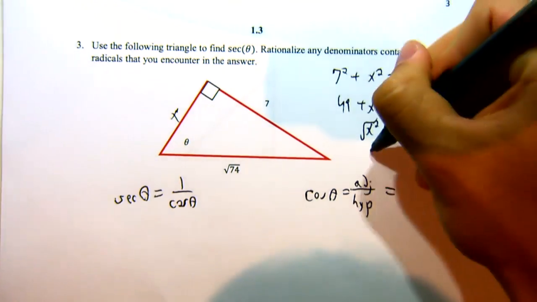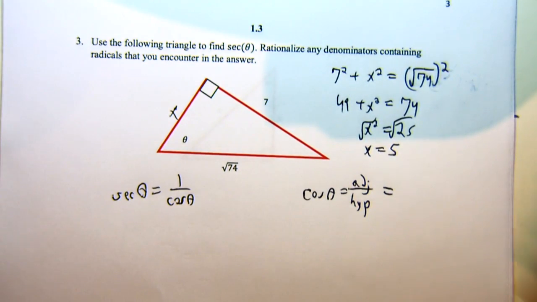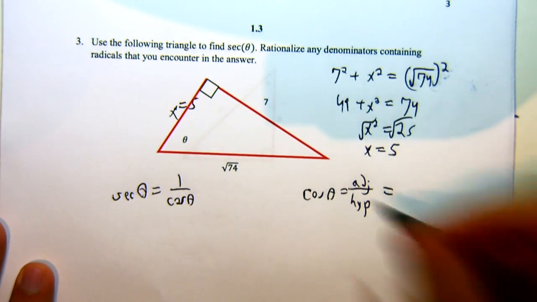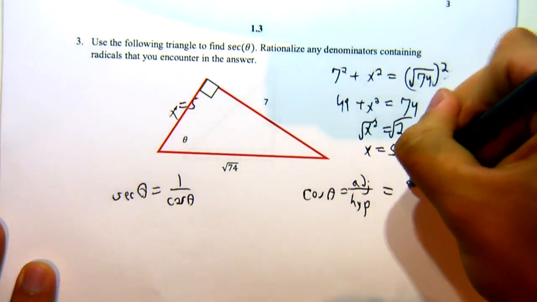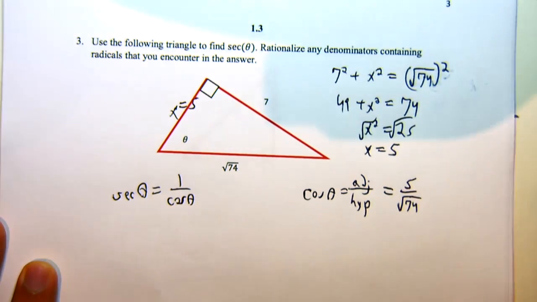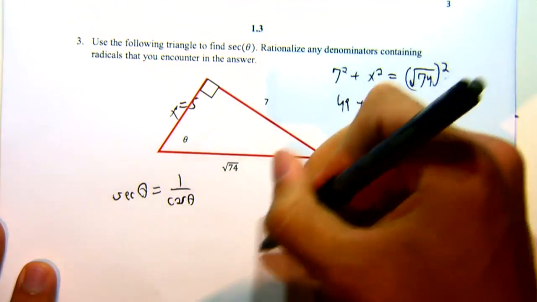Square root, working with the length again, so we know that's got to be positive. So we have 5 here. So we know that cosine is 5 over square root of 74. Except we're looking for secant, so we basically just flip that.